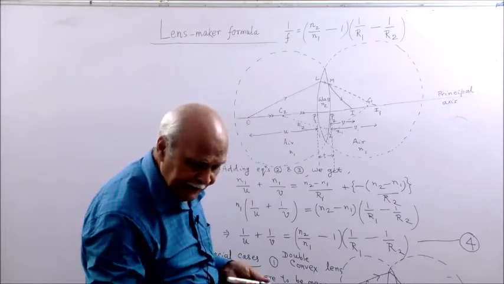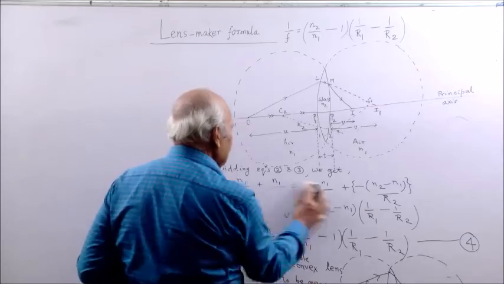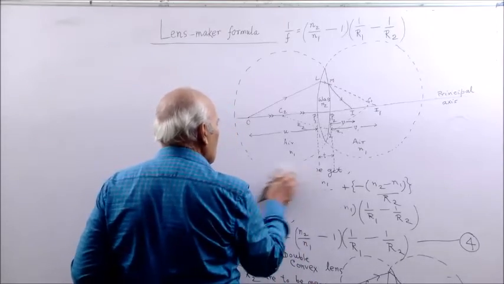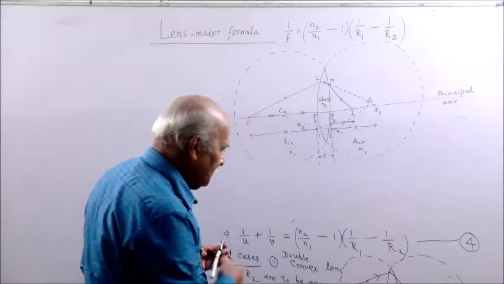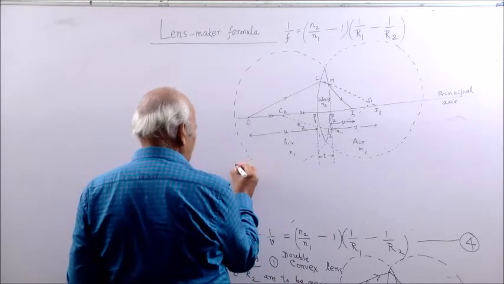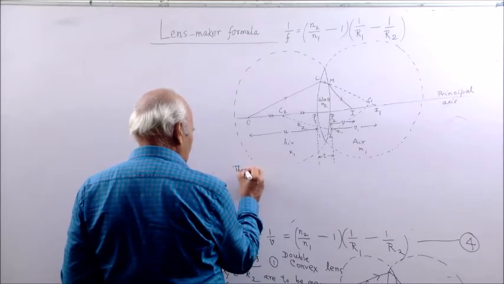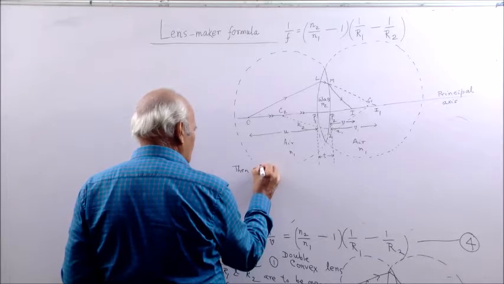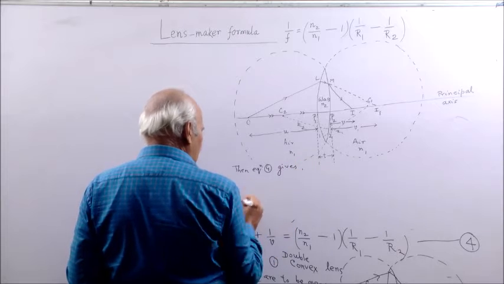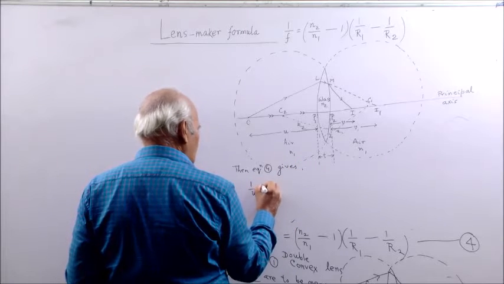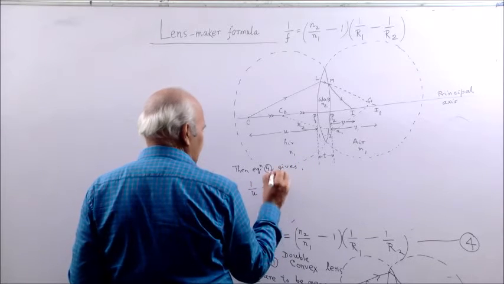So, in that case, what will happen? Equation 4 will be, then equation 4 gives 1 by u plus 1 by v.